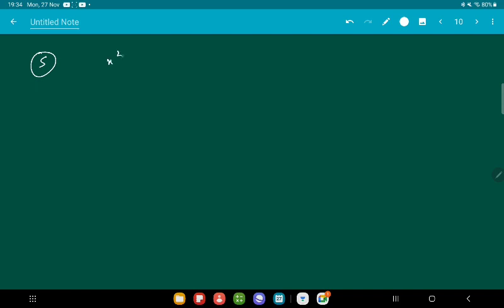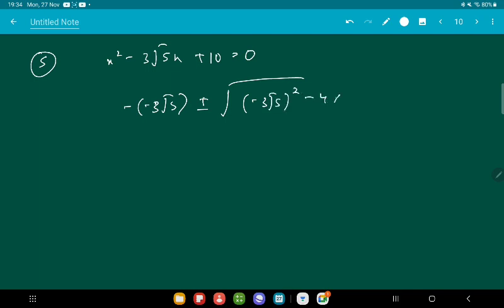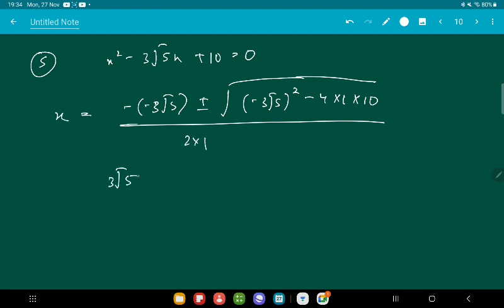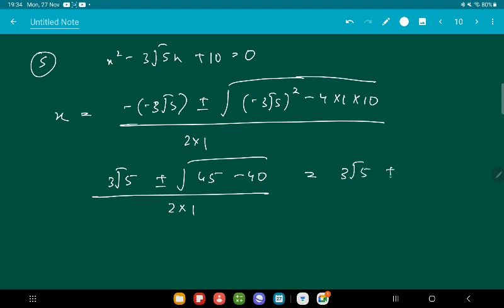The fifth equation is saying x square minus 3 root 5 x plus 10 equals 0. As you can solve, minus b plus minus under root b square minus 4ac upon 2 into 1, using the Sridharacharya method, as I am saying. 45 minus 40 is 5, so 3 root 5 plus minus root 5 by 2. 3 root 5 plus root 5 by 2 is one answer.